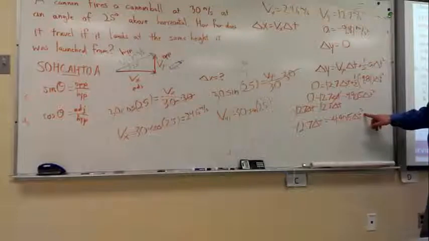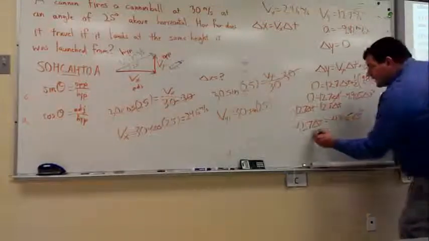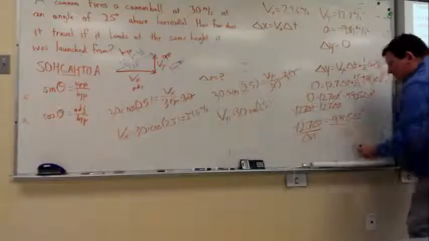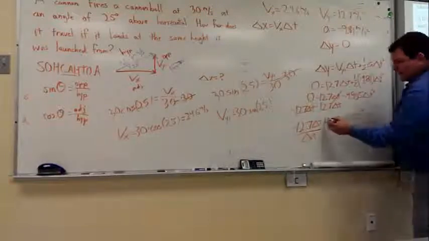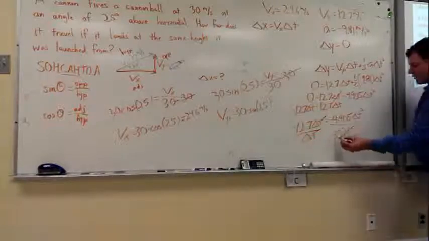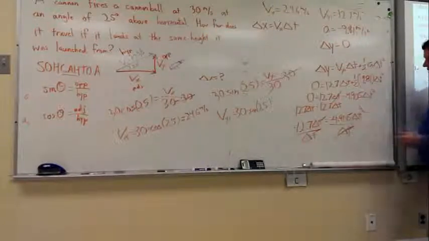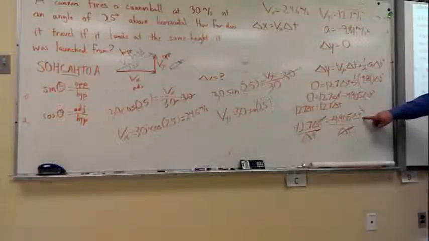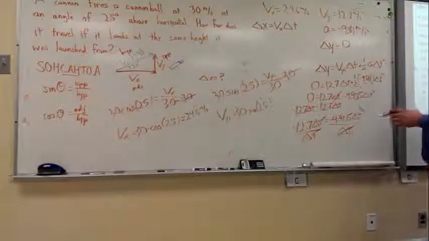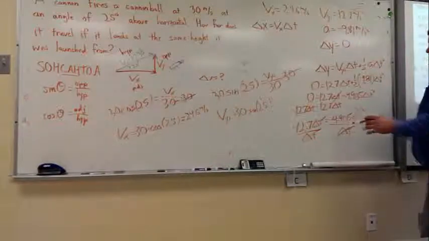So what I can do is divide by delta t on both sides. Perfectly legal to do this. On this side, delta t cancels out. On this side, delta t cancels the square part of delta t squared, leaving 1 delta t times negative 4.905. I'm going to rewrite this over here.